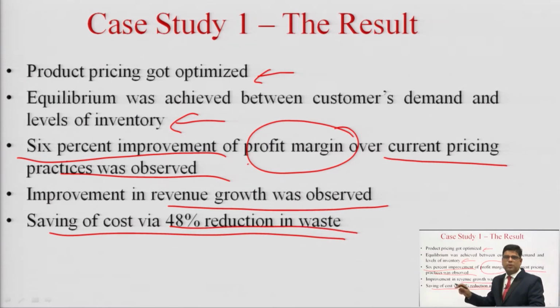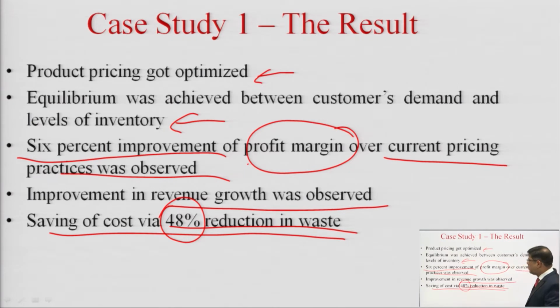Now, this waste was being generated because the company was dealing with a perishable item. So, even that waste got reduced by 48%. Now, this is a very substantial percentage, and the company was able to generate more profits and revenues for itself. So, this is how a dynamic pricing model was given to this e-commerce company which was selling perishable items, and it made profits.